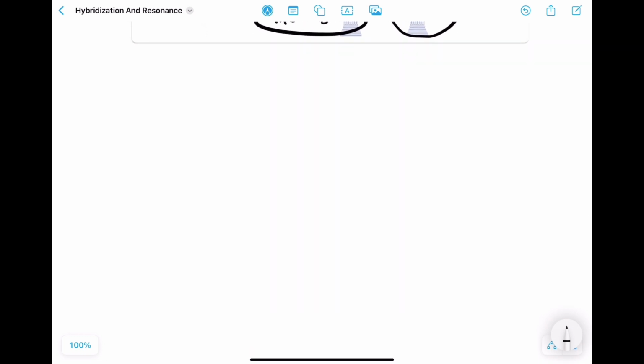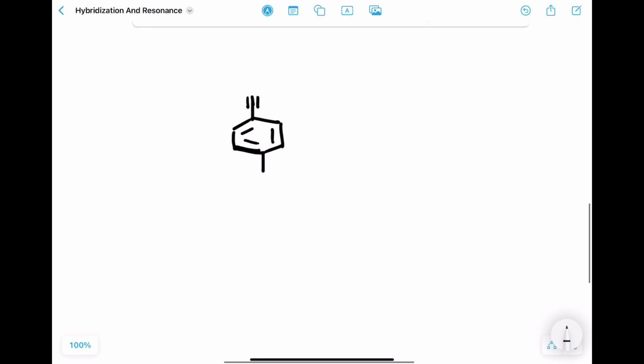The first thing is, let's give you an example. Let's clean that up a bit. There we go. And so we'll call this example 1. I can ask you many different things about this molecule.